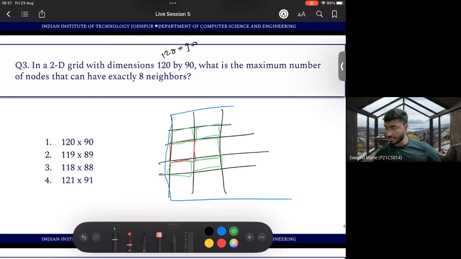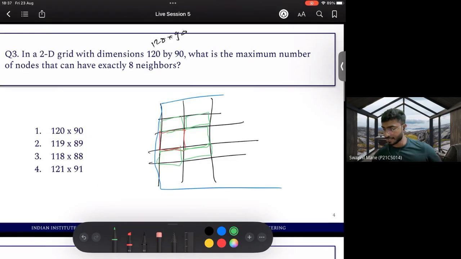There is another condition: the corner nodes also do not satisfy it. What we applied for the column case will also apply for the first row and last row, and the corners as well. So you can see we have a final grid.